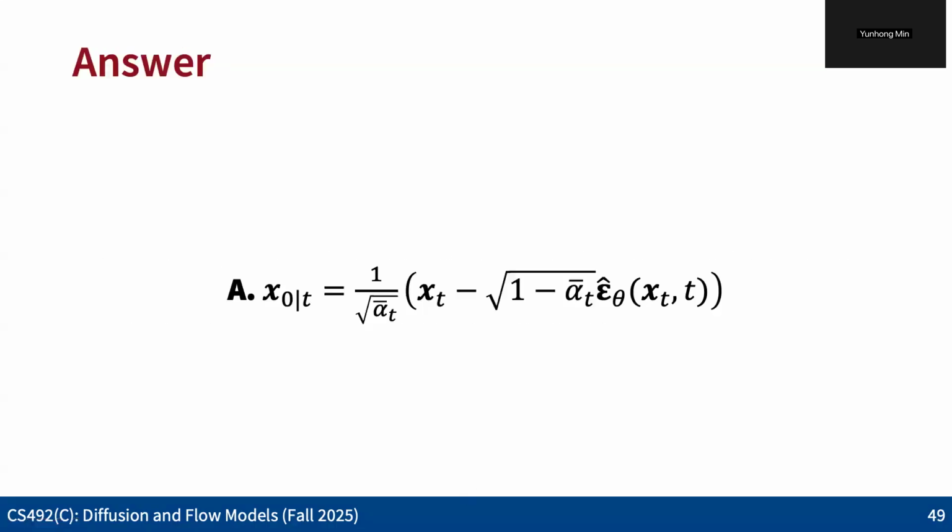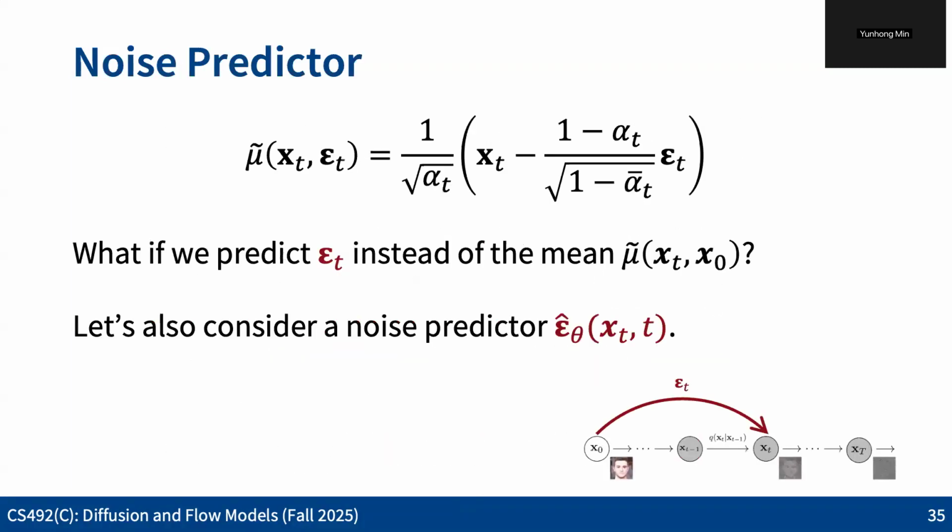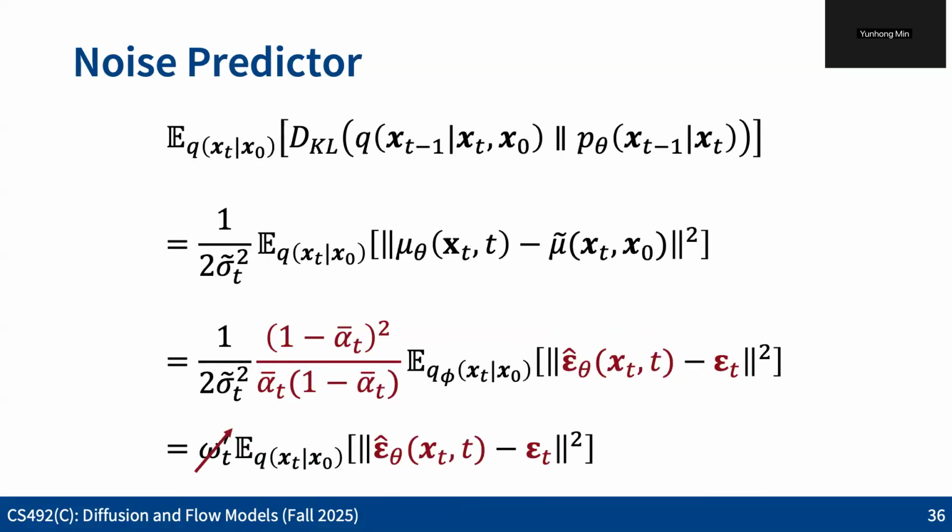And here one question was: in the loss function like this, after we derive everything, we basically drop this weight. Then what's the point? Did we really need to follow all of those steps? In your assignment 1, I recommend you try to put this weight in, because having this weight might improve the training convergence a little bit.